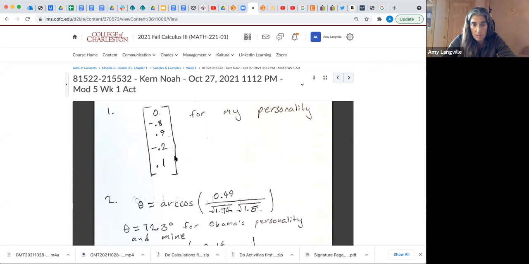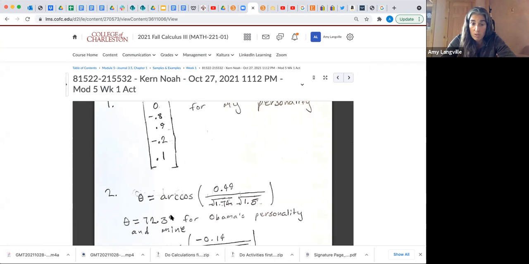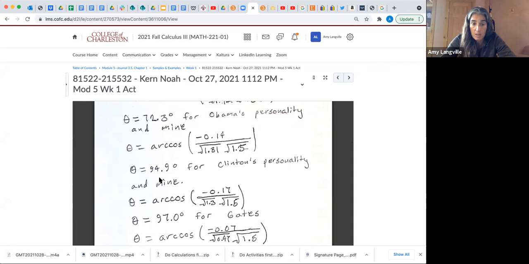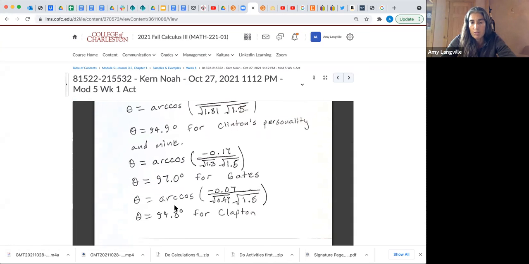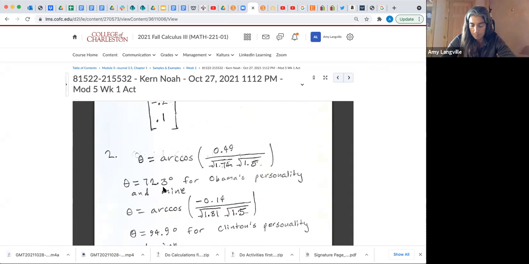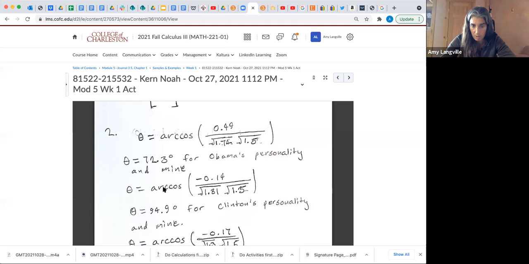Here's his vector. Then you actually have to do the calculations between this and every other one. He got the theta, the angle, for all of those with his, and he was very close on several folks, but not as much on others. And again, Haley had a really nice explanation on that.